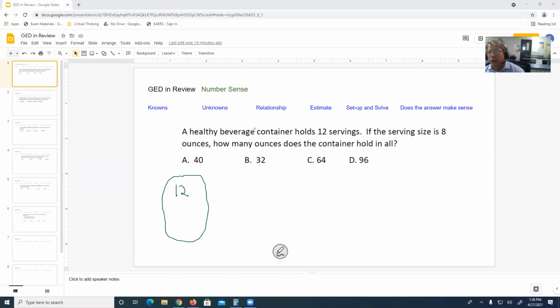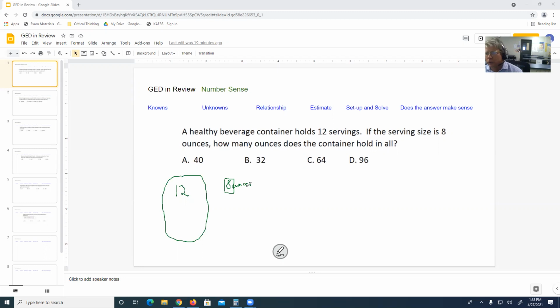That's what we're picking up on in the beginning: you have this big container. And then a serving size, so a serving size means one serving is 8 ounces. So 8 ounces is basically the little serving. So those are different measurements.